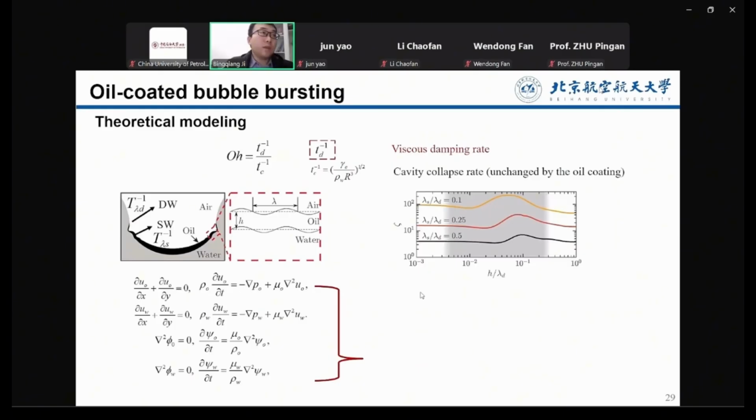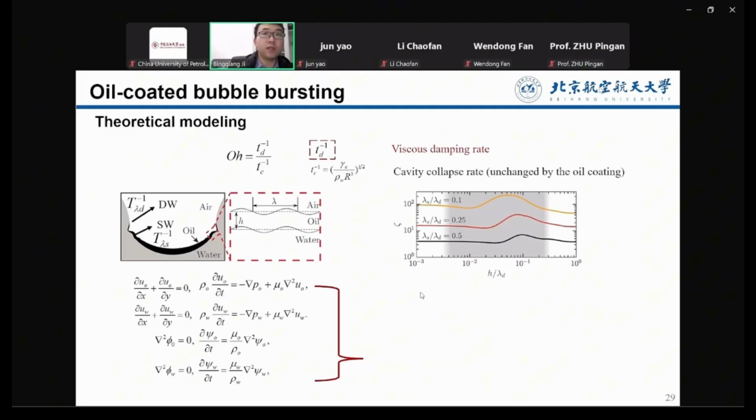So, similar to what we did for bubble bursting at an oil-covered surface, we again modeled the viscous damping of capillary waves at the water, oil, air compound interface. But in this case, the oil layer thickness is larger than in the previous case.